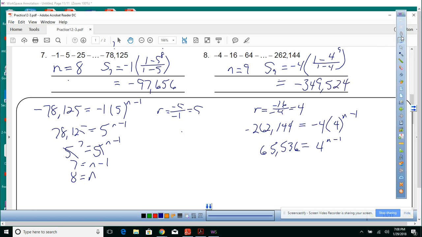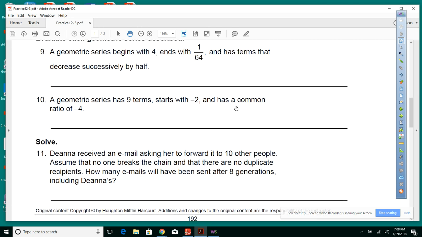All right, let's take a look at number 9. A geometric series begins with 4, ends with 1 over 64, and has terms that successively decrease by half. Evaluate each geometric series described.